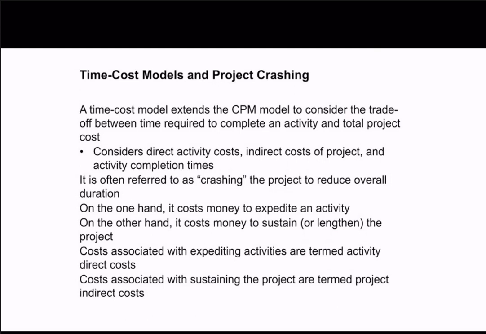But at the same time, because you hire more employees and spend more on inputs, the cost will increase. So this is what we call project crashing, the time cost models. This extends the CPM model to consider the trade-off between the time and the cost.